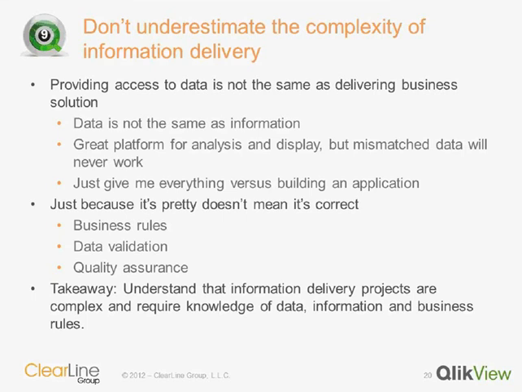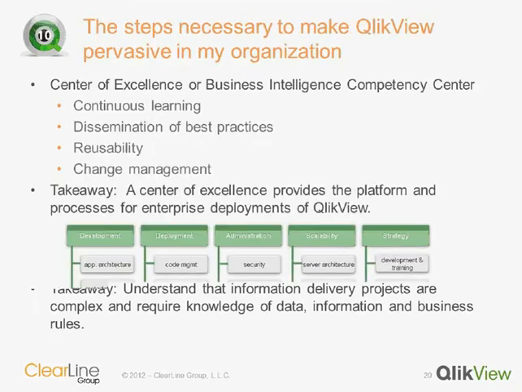Yeah, so kind of takeaway here is, like you said, just because it's pretty doesn't mean it's correct, or just because it came into QlikView doesn't mean it's correct, or back in the old days from a systems perspective, just because it compiled doesn't mean it will work. So, understand that information delivery projects are complex and require kind of three things: the data, the information, and the business rules. So that takes us to our final one.